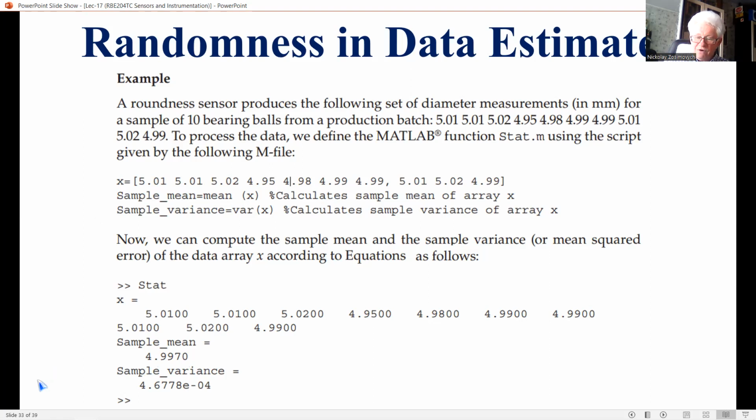The sample standard deviation of 0.02163 millimeter is a measure of the dimensional accuracy of the batch of balls. So in this example, the error in the estimate results from the combined effect of both manufacturing process error and the measurement error.